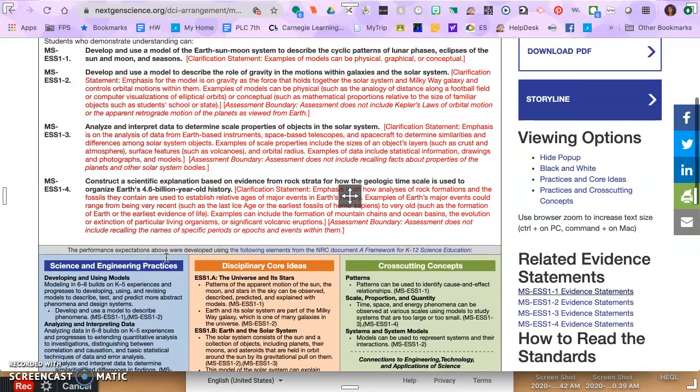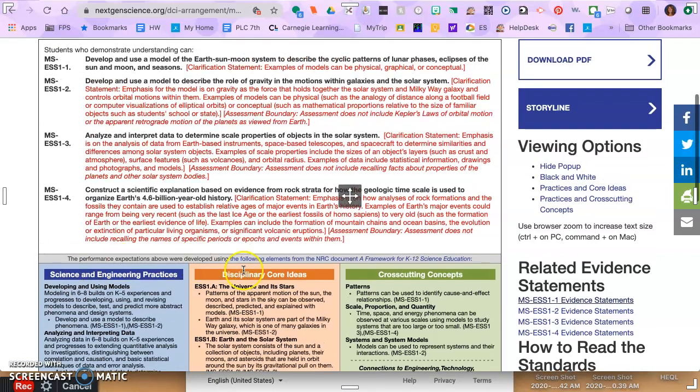You also need to indicate in your unit plans the 3 parts of the NGSS. So please make sure you show when the instruction involves hitting the science and engineering practices. So when the students are actually developing and using models in your lessons, indicate that. Indicate that as one of the science and engineering practices. Maybe use blue to show that that's what it is.